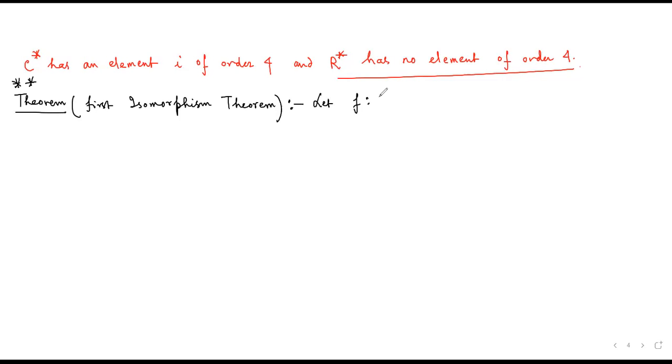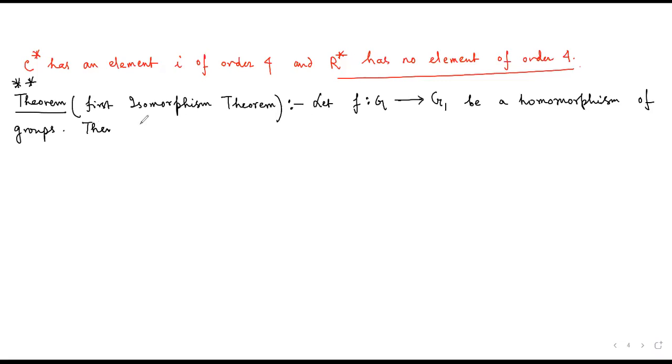Let us consider a function defined from the group G to G1, and suppose this function F is a homomorphism between these two groups.